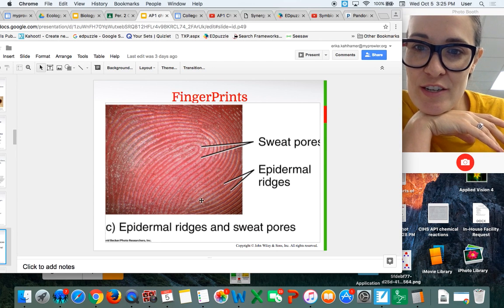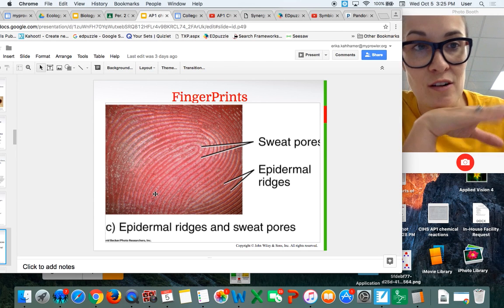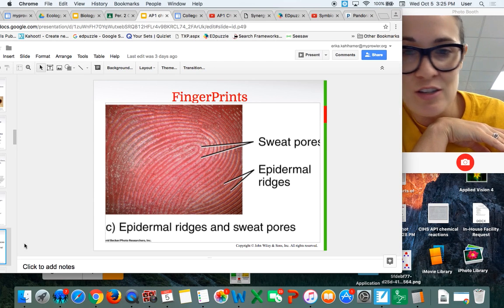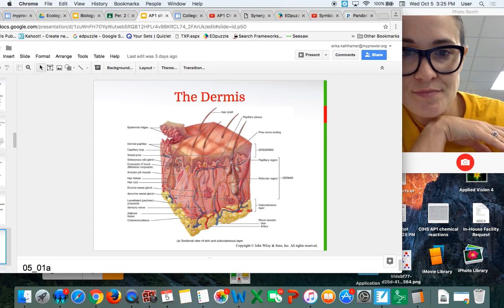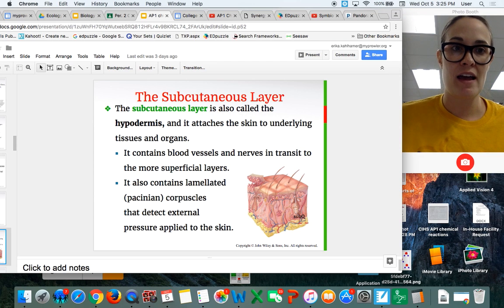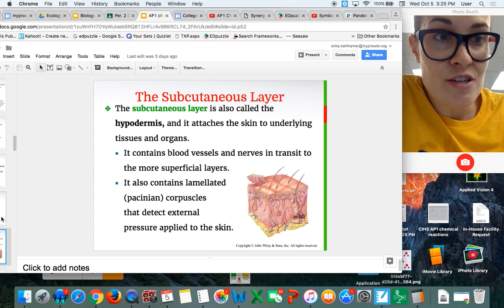Isn't this a cool picture? This is a close-up of the ridges produced from those little waves in the skin. In between them, you actually have sweat pores. Again, a beautiful picture of the skin. You'll have to be able to identify and name parts of the skin in cross-section like that.